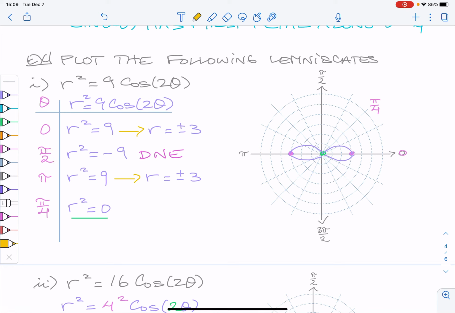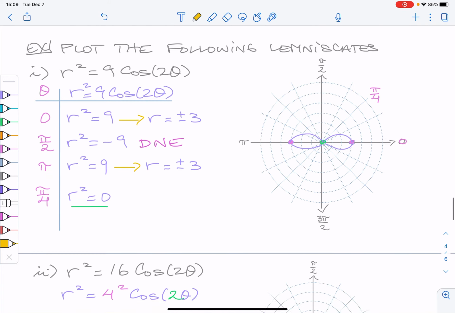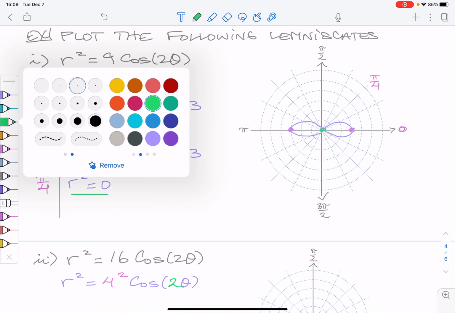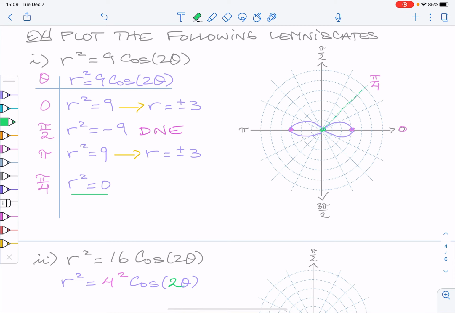That doesn't work. At pi, we get r squared is 9 again, because 2 pi is 0. So we're right back to where we began. So then I tried pi over 4. Pi over 4 times 2 will give us pi over 2, and cosine of pi over 2 is 0. So at pi over 4, my radius is 0. So that's what this is referring to here.